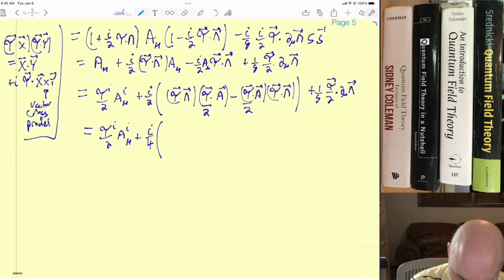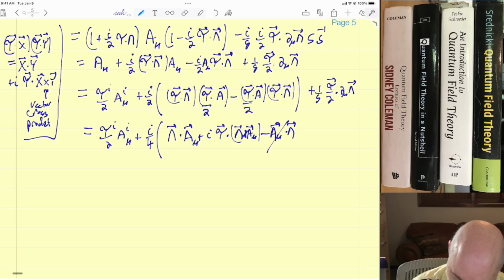So I have i over 4 lambda dot A mu plus i tau dot lambda cross A mu minus A mu dot lambda.